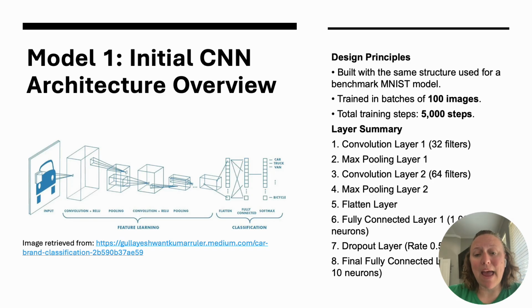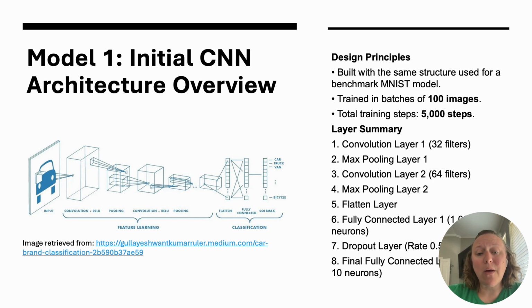The second max pooling layer will further reduce the images to 7 by 7 by 64. Next, we flatten these feature maps into a one-dimensional vector of 3,136 values. This feeds into a fully connected layer with 1,024 neurons using ReLU activation.